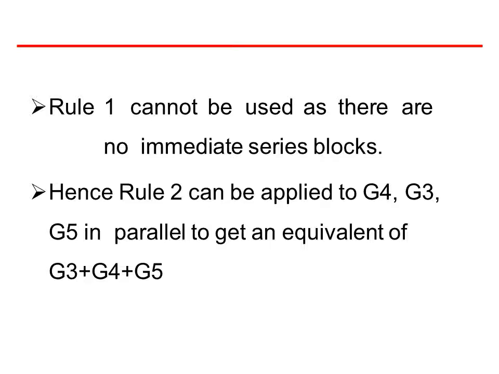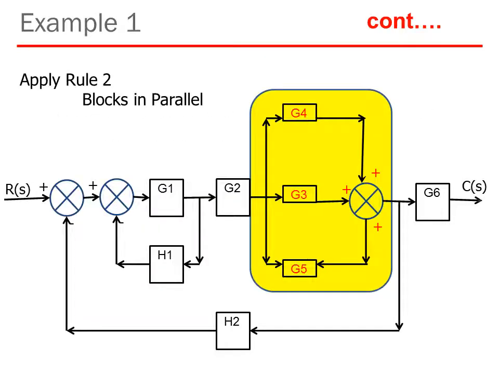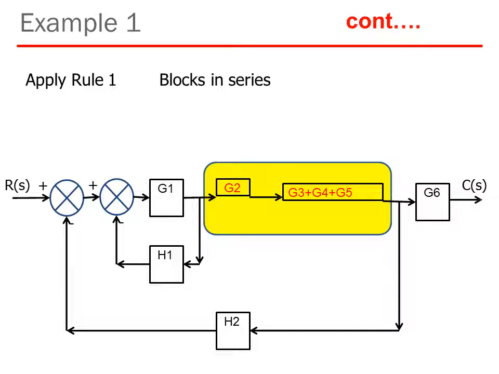You can observe from the diagram, and its equivalent will be G3 plus G4 plus G5. I have highlighted this in the diagram. So you can add G3, G4 and G5 as they are in parallel. So here we apply the second rule. Then it becomes like this.